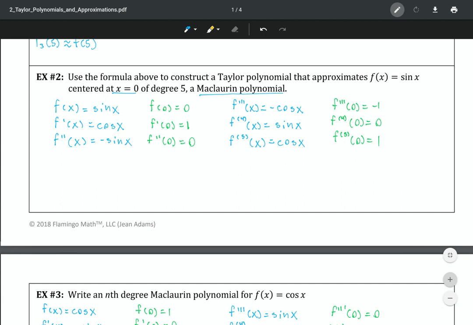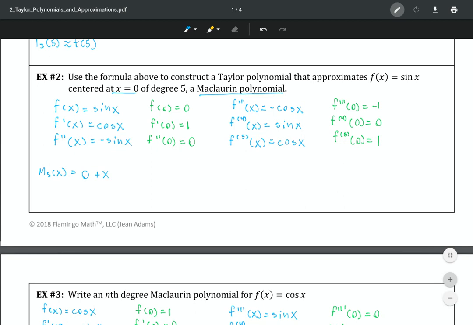So let's call this m5 of x. According to the formula, we're going to have f of 0, which is 0. So I'll go ahead and write the 0 so we can be on the same page. Then plus f prime of 0 times x, which in our case is 1 times x, which is just x.